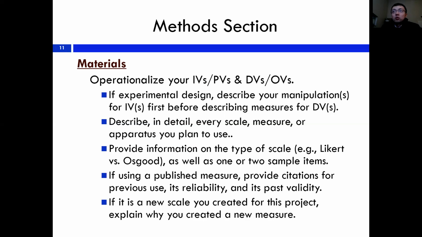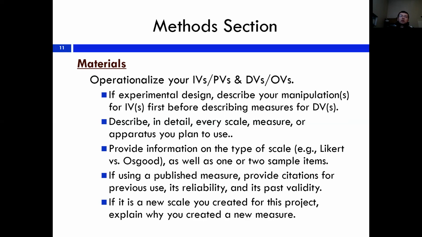And speaking of those measures, you probably want to describe in detail all the scales, all the apparatus, all the tools that you plan to use. Especially you want to provide information about what type of scale it is, a Likert type scale, right? And also you want to put into the materials section a few sample items, such that people can get a flavor of what your measure is like.